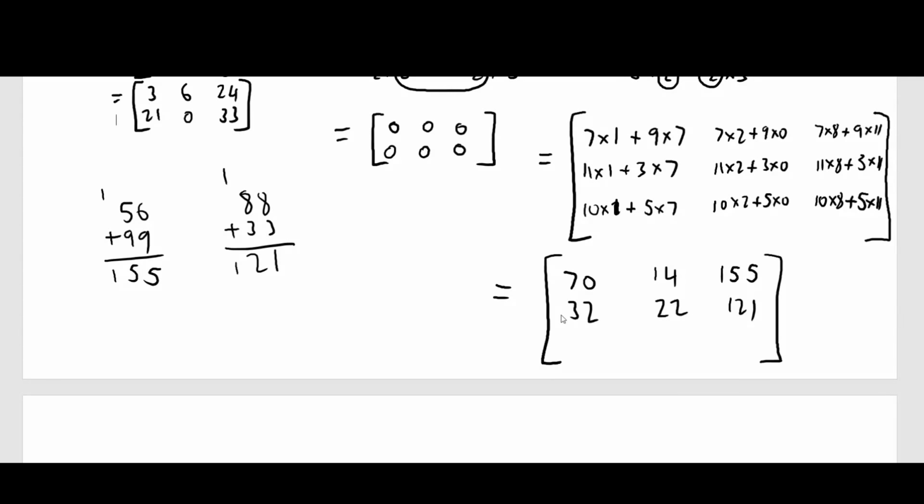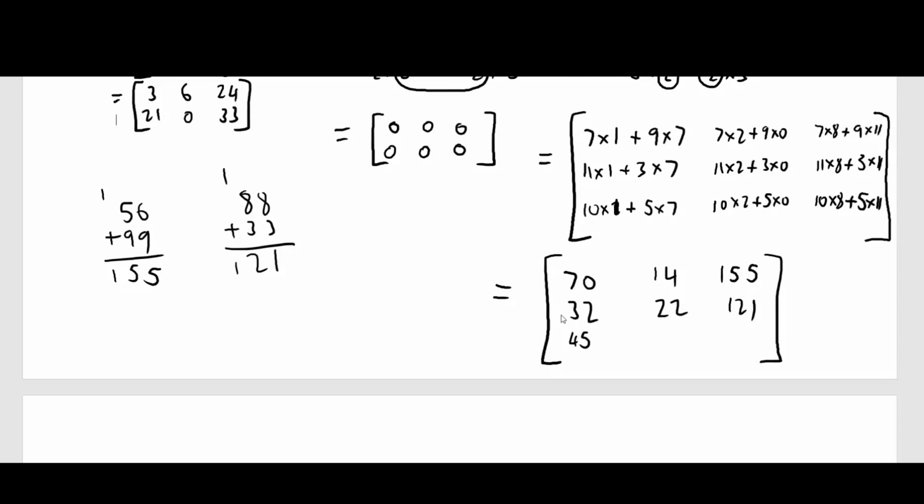We've got 10 plus 5 by 7. 5 sevens are... 5 5s are 25. 5 6s are 30. 5 sevens are 35. 35 plus 10 leaves us with 45.